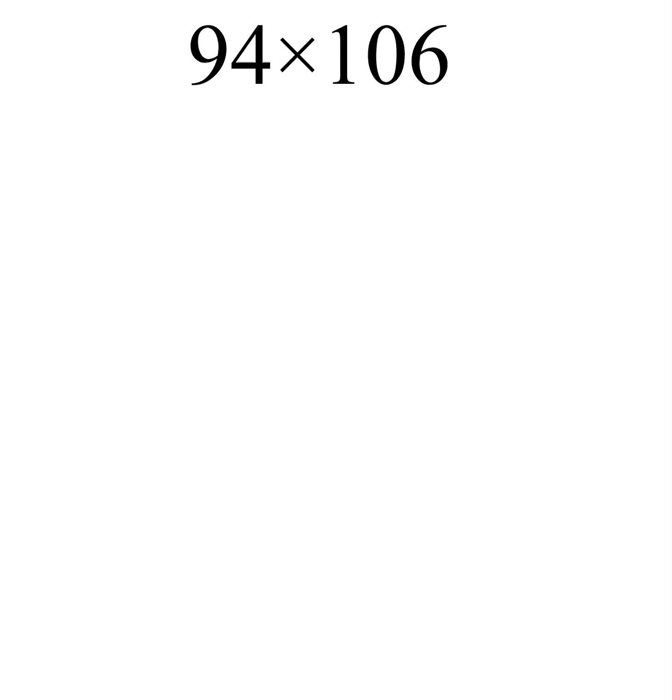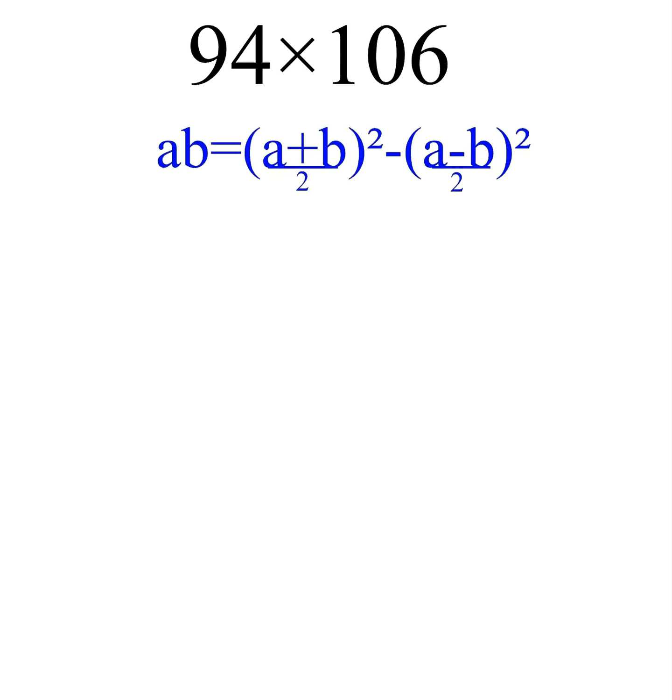It doesn't look like the previous examples, but here we use a rule which says the product of any two numbers equals the square of their average minus the square of half of their difference. Mathematically it looks like this.